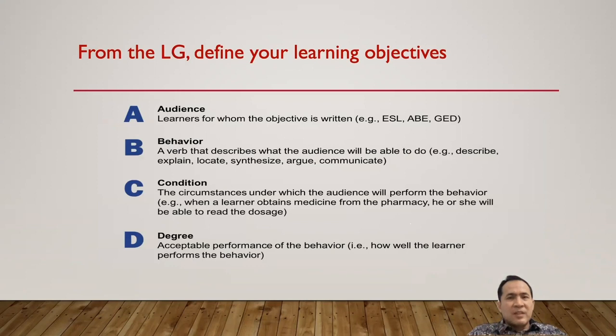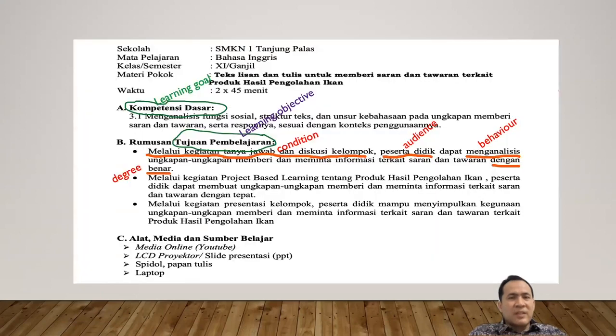So in defining learning outcomes or learning objectives, you have to see the audience, behavior, condition, and degree. See those 4 aspects in the sentence of your learning objective. For example, melalui kegiatan tanya jawab dan diskusi kelompok, this is the condition, right? All are learning objectives.